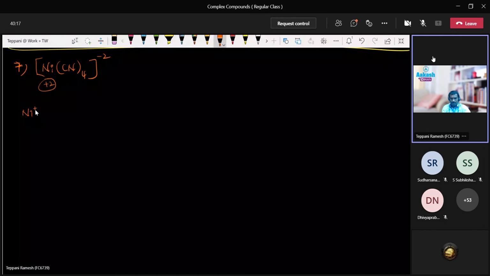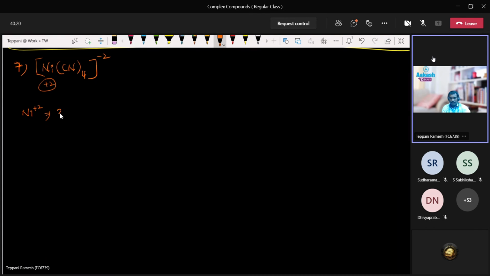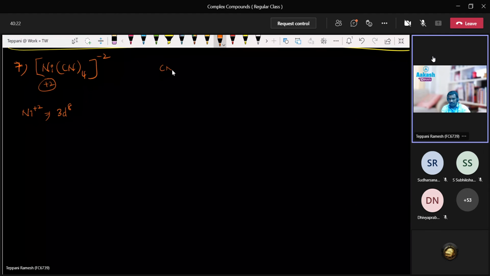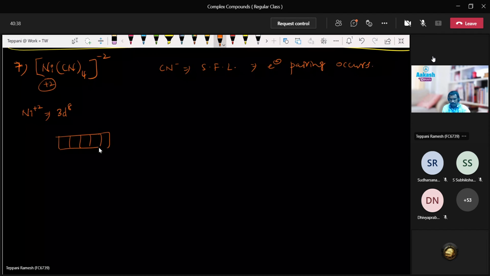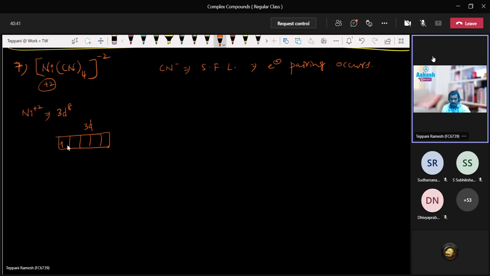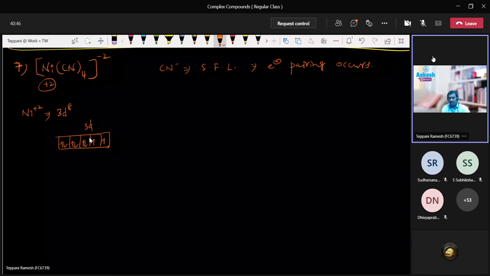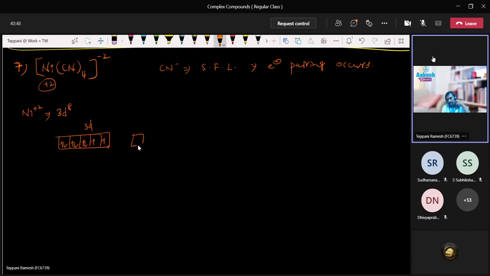Nickel +2, 3d8 you have seen already several times. Cyanide is a strong field ligand, so electron pairing occurs. 1, 2, 3, 4, 5, 6, 7, 8. 4p is present, but sp3 is not undergone. Why?